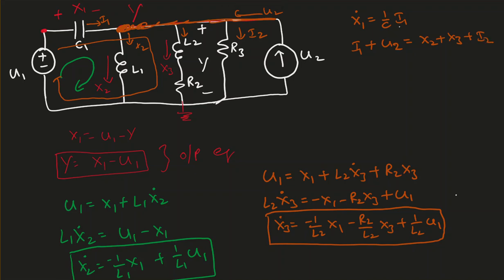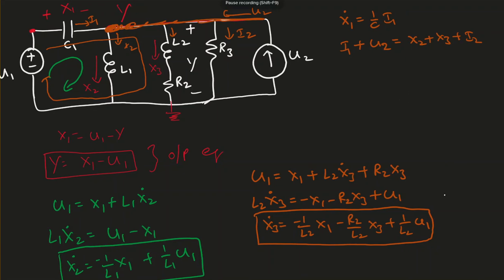Now to replace I1, I have another unknown I2. I need to replace I2. That's simple. I2 is nothing but Y over R3, and I already defined Y, which is X1 minus U1.